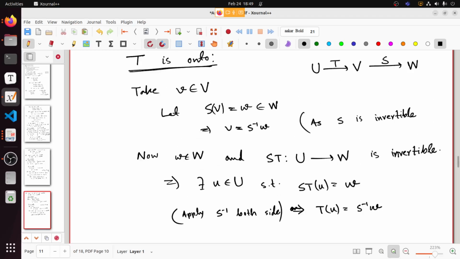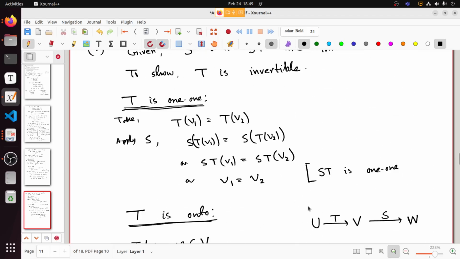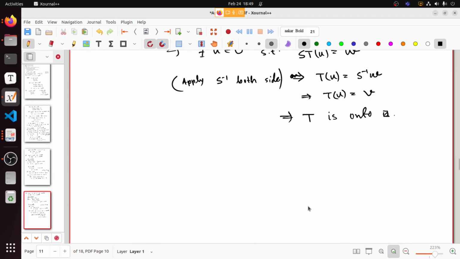We have shown that S inverse w is v. So T of u is v. So we started with a v and found an element small u in capital U such that T of u is v, which implies T is onto. So you have shown T is one-one and onto, which implies T is invertible.